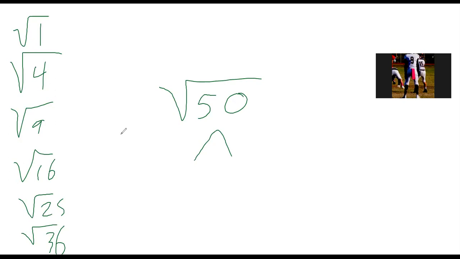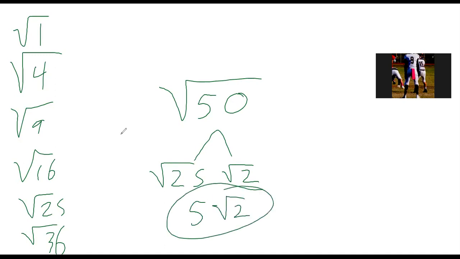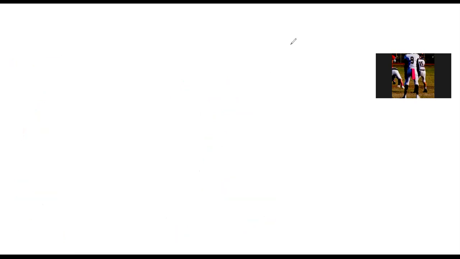So pick one. 25 and 2. Right? So if we take the square root of 25, what would be the answer here? 5 square root of 2. So that's pretty much how we simplify our square roots.